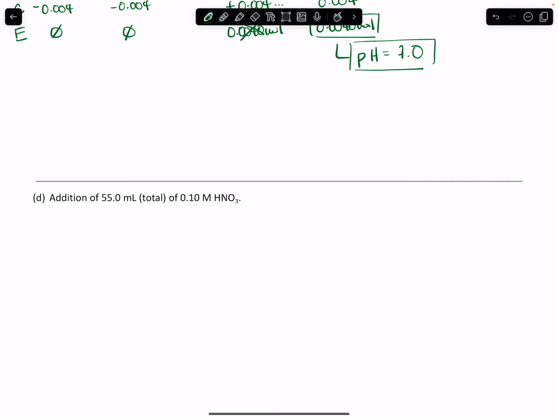We're going to end by adding a total of 55 milliliters of that 0.1 molar acid. So again, the moles of the base are going to be equal to that 0.0040 moles we had to start with. And then our moles of acid are going to be the molarity of the acid times that volume of the acid. So 0.1 molar times 0.055 liters.